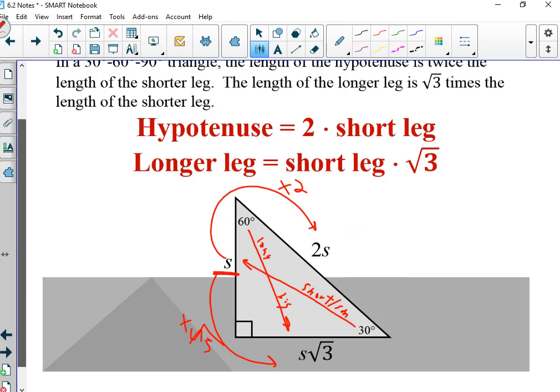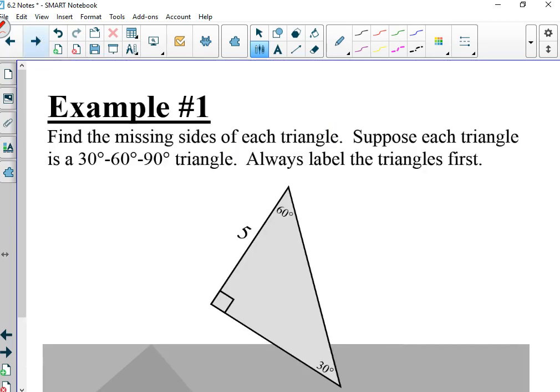Obviously, the longest side is going to be the hypotenuse. But of the two legs, the long leg is opposite the 60 and the short leg is opposite the 30.